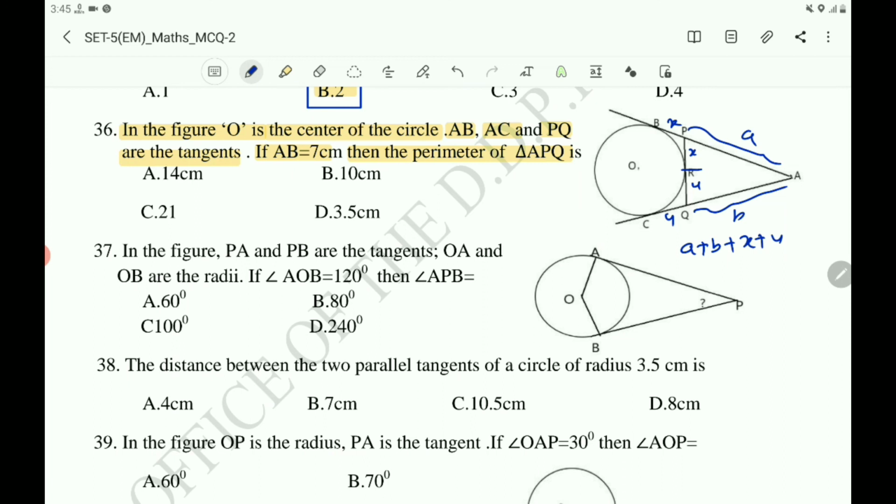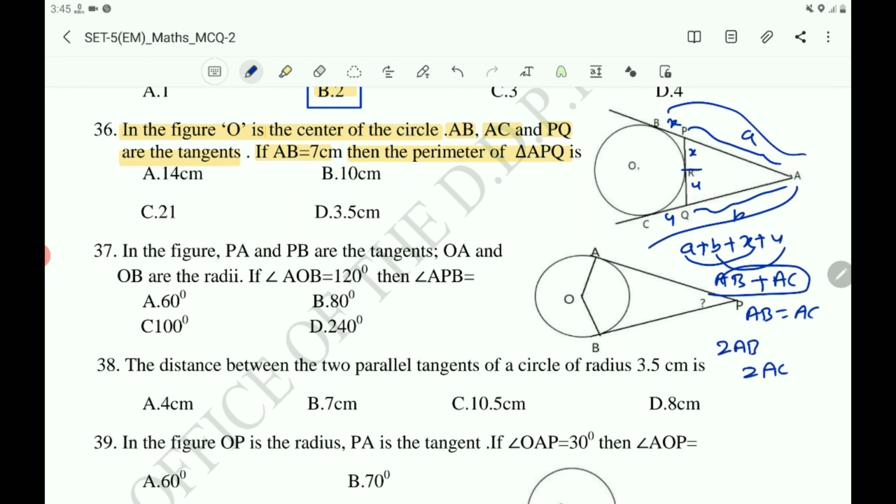Then here a plus x is AB, and b plus y is AC. You know that AB equals AC, so you can take 2AB or 2AC. So 2AB means 2 into 7 centimeter, that is 14 centimeter. That is option A, the answer.